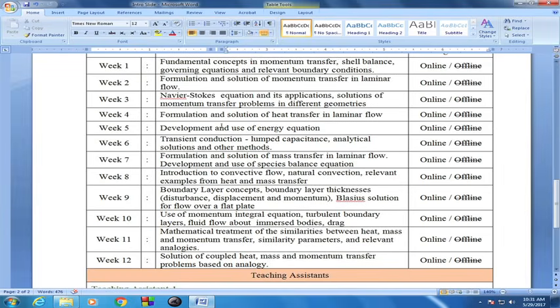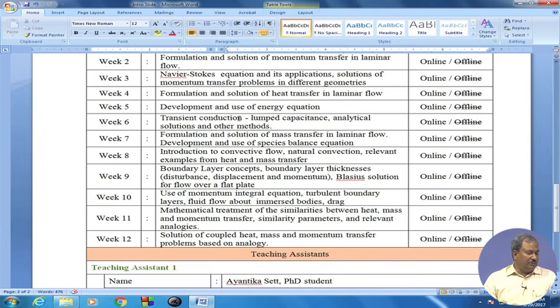Similar to momentum transfer, we are going to formulate and solve a few heat transfer problems in laminar flow, and then again, as with the Navier-Stokes equation, we would try to develop an energy equation, which is a fundamental equation that takes into account all sorts of energy transport modes, for example, conduction and convection. Whenever there is a system, it is possible that there may be heat generation.